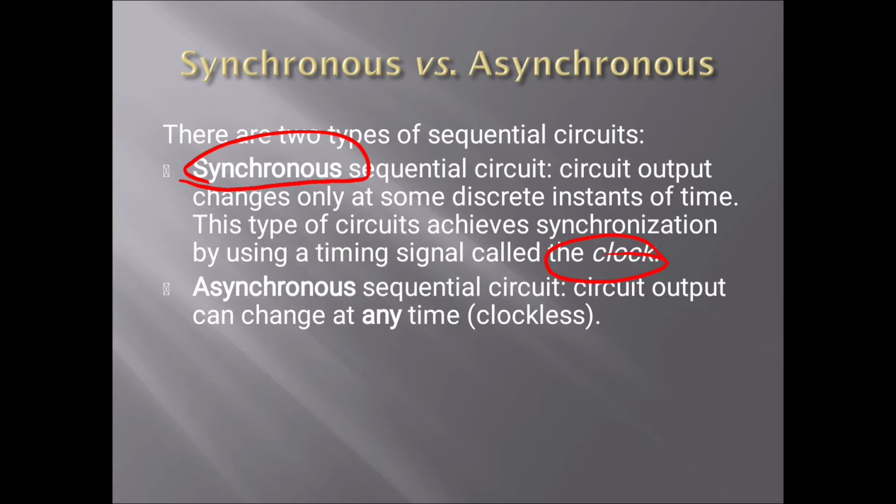Means clock gives the synchronization in the circuit, while in an asynchronous sequential circuit output can change at any time. There is no need of any timing signal. Means it is clockless.